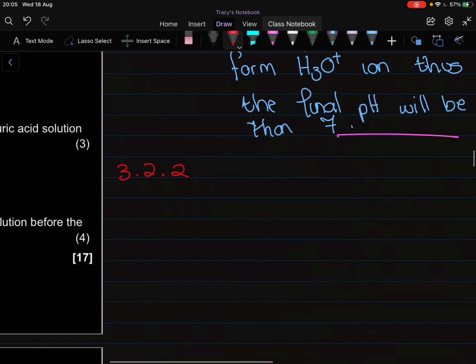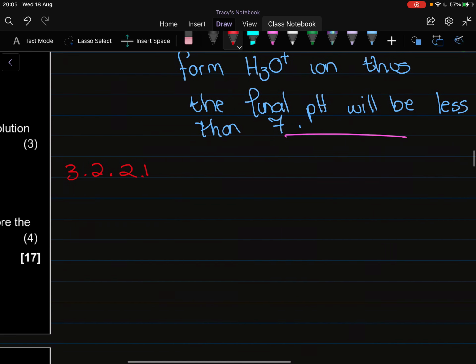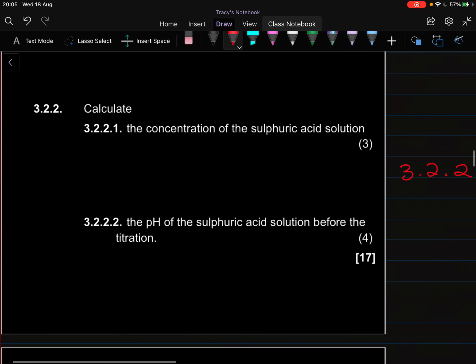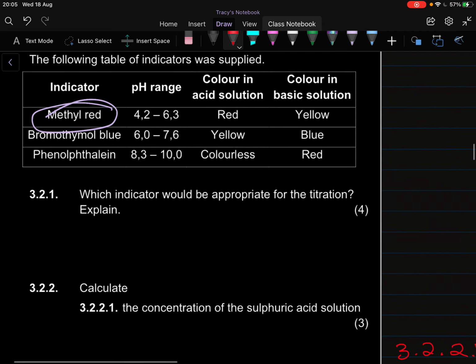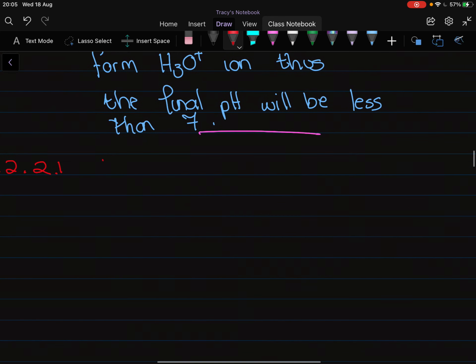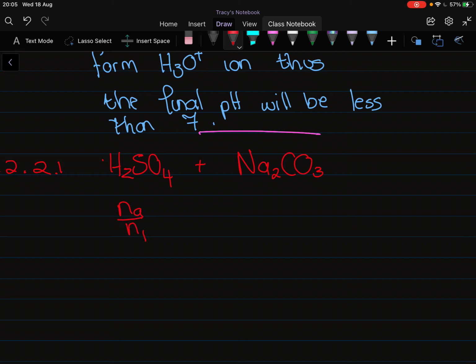3.2.2.1. Okay, so it's a long one. We have sodium, what did they give us? H2SO4, I'm only going to write the first part of the equation, because that's the part that's important here, and Na2CO3. The nice thing is this was a 1-to-1 relationship. Because it's an acid-base reaction, the simplest way to do this is CaVa over CbVb equals na over nb, 1 to 1. I want the concentration of the acid.